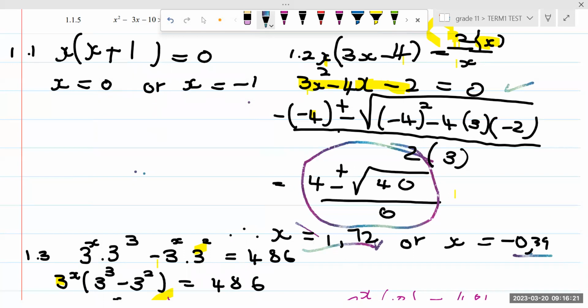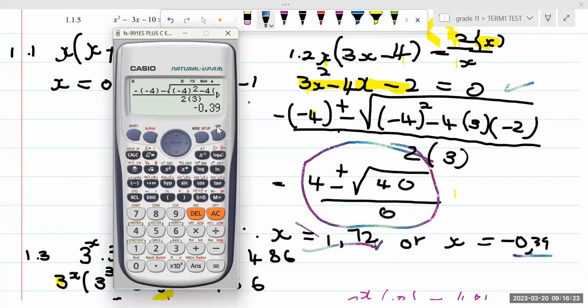So we said, how do you make it round off? You say shift and then you go to setup. On setup, you have fix, which is option number 6 according to this calculator. You check on your calculator, which is option 1. And then you fix it. Fix says 0 up until 9, asking how many values do you want after the comma. If you say 1, you're going to get 1 number after the comma. If you say 2, you're going to get 2 numbers after the comma.